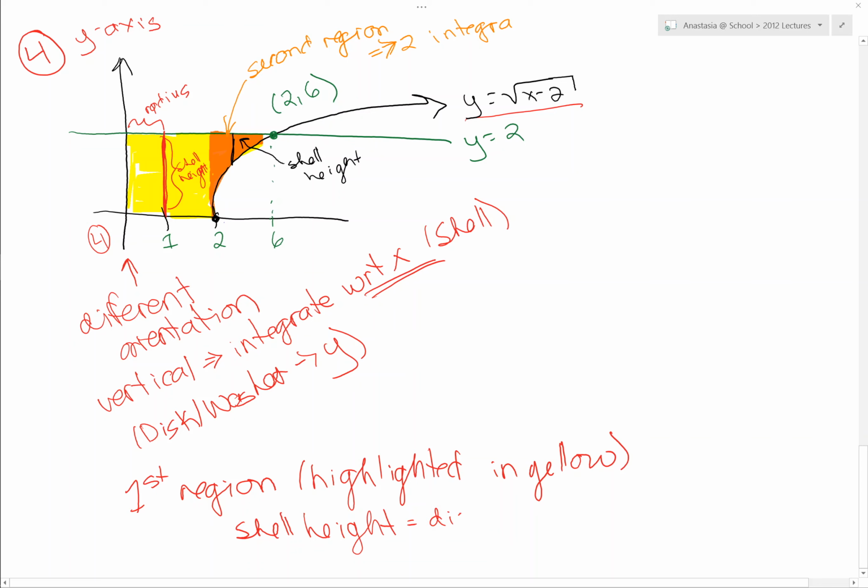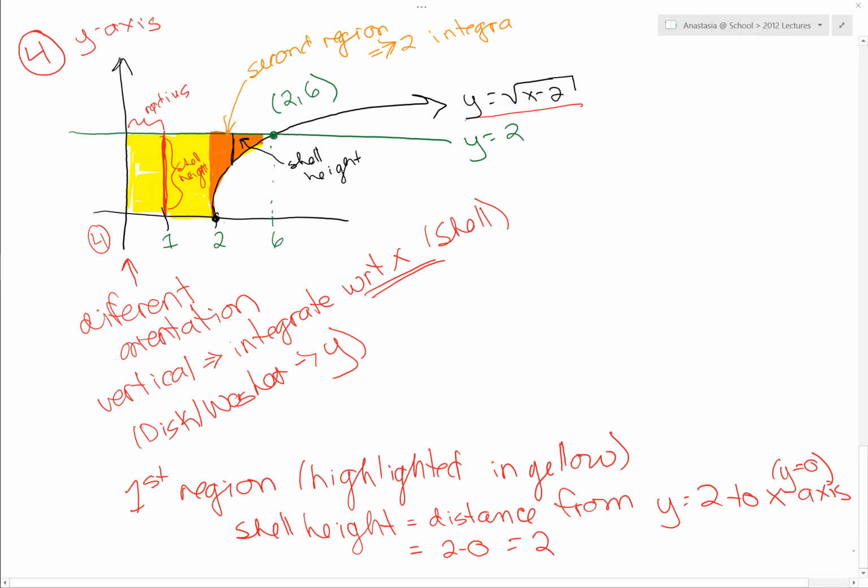This is the distance from y equals 2 to the x-axis, and remember the x-axis corresponds to y equals 0. So this means that we're going to have 2 minus 0 or just 2. So our shell height is just a constant function 2.